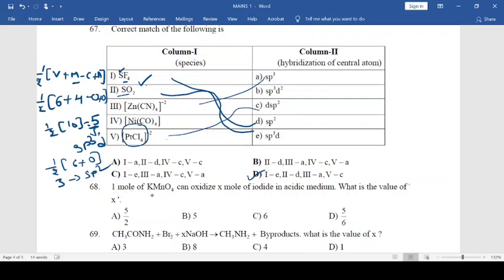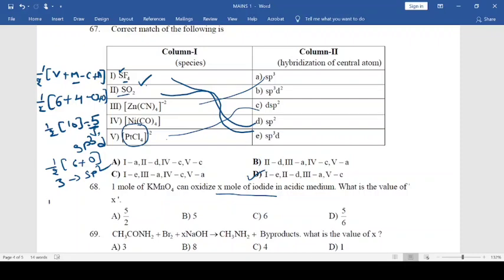Next, 1 mole of KMnO4 can oxidize X moles of iodide in acidic medium. What is the value of X? For this type of question, we need not know the balanced equation. Let us see how to calculate it in a shorter way.